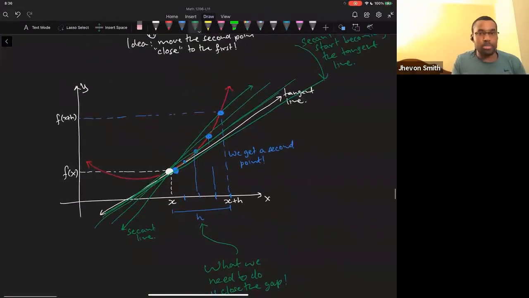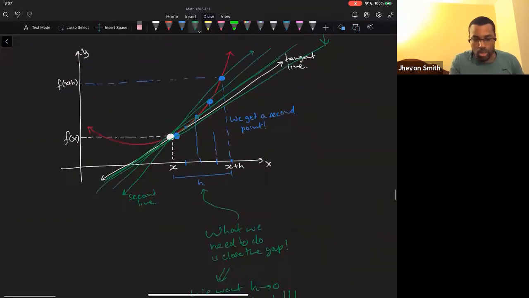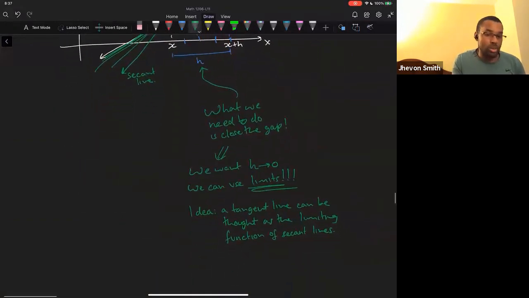Which we can get by this. By moving the points closer together, our secant line starts to get super close to the tangent line, to the point where no one can really tell the difference. The 2 points are so close together, they're not actually 1 point, but they may as well be 1 point. It's so super close that we can't actually see a distance between the two. The distance is literally going to 0.